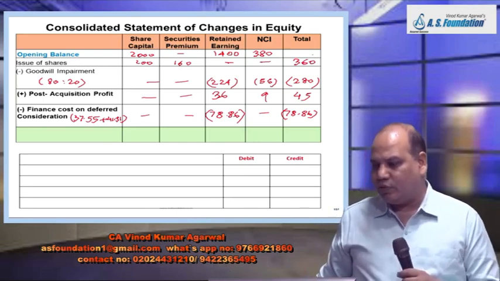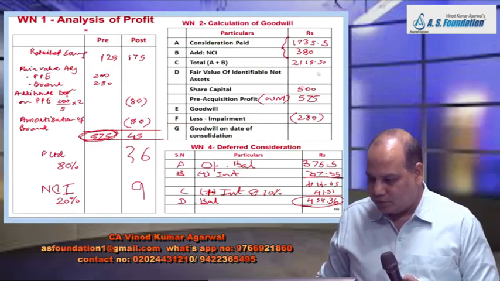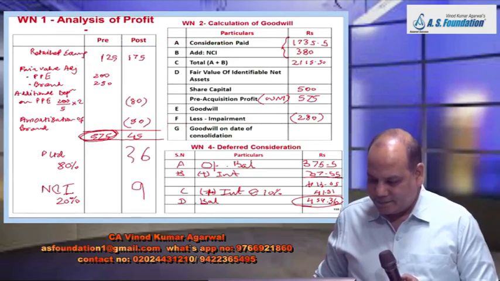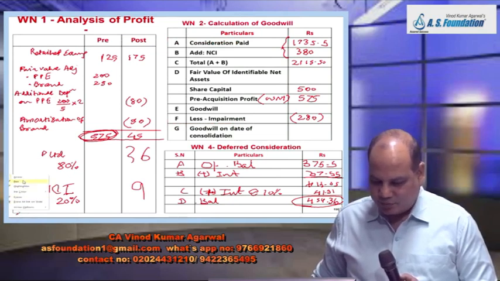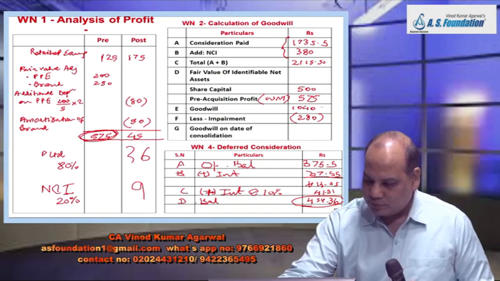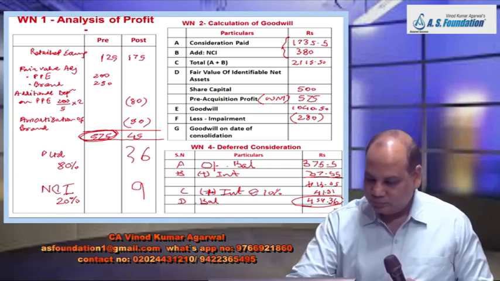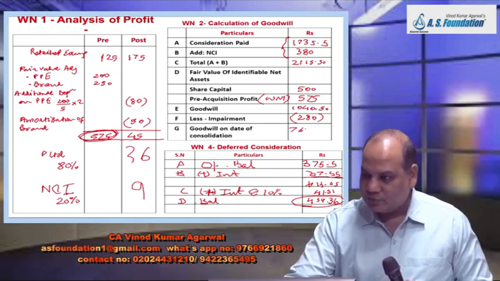So how much is goodwill now? Goodwill is pending. Goodwill before impairment is 1040.5, and after impairment 760.5.